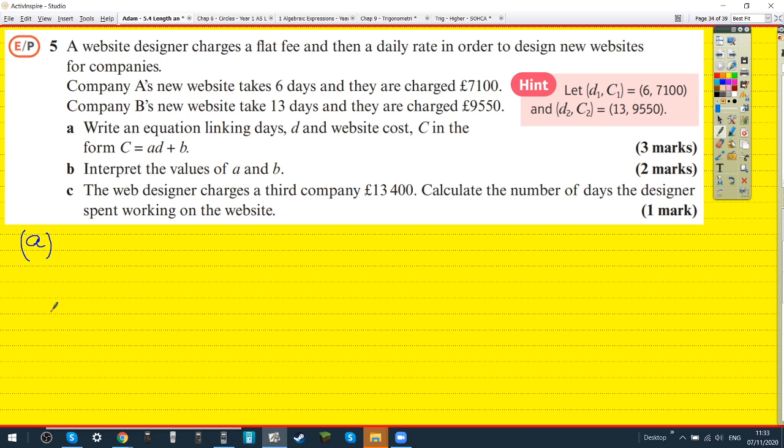So would you add them together then? You would do them as two coordinates. So 6 days, £7,100. Yeah. 13 days. And then could you solve them as simultaneous equations? Yeah.